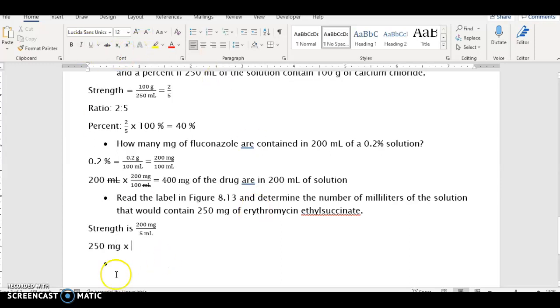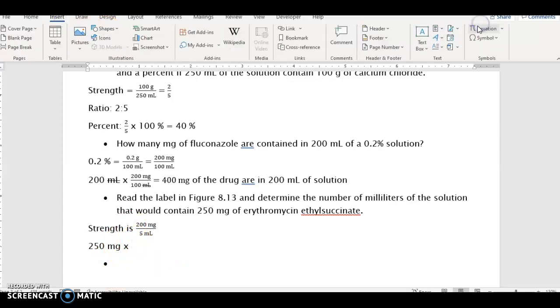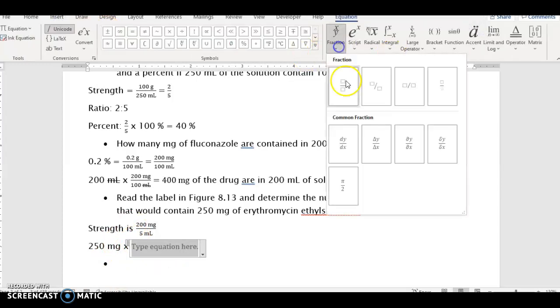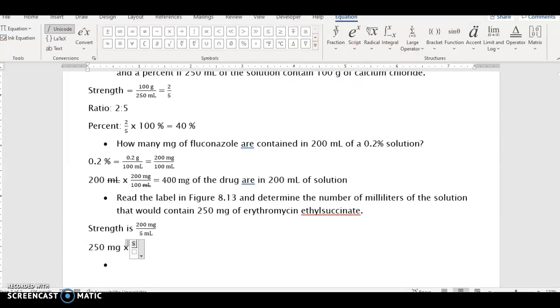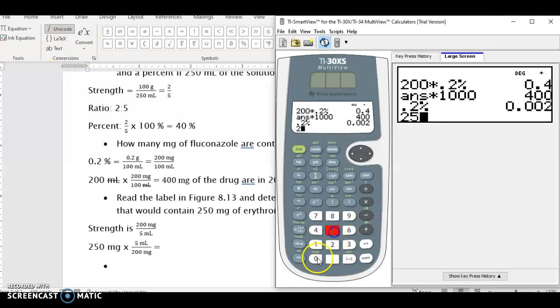Since we're going from milligrams to milliliters, we're going to multiply by 5 milliliters over 200 milligrams. Once again, simplify the fraction as necessary; it might make the calculations easier, but I'm going to leave it unsimplified there. So we're going to do 250 multiplied by 5, and then divide by 200.